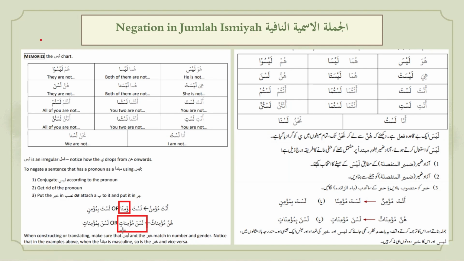Mu'minatin is also feminine and plural. So make sure that Laisa and the khabar of Laisa match in number and gender. So that's how we negate jumla ismiya using ma and Laisa, either with khabar mansoob or with ba zaida and khabar majroor.